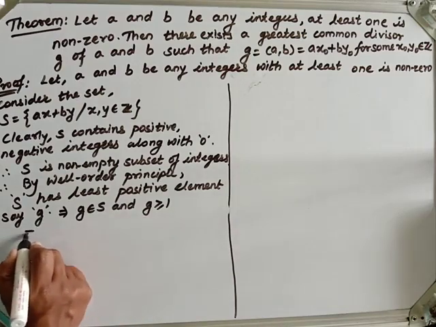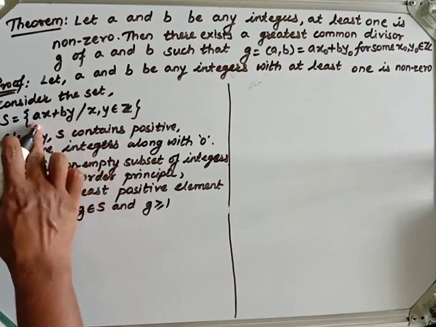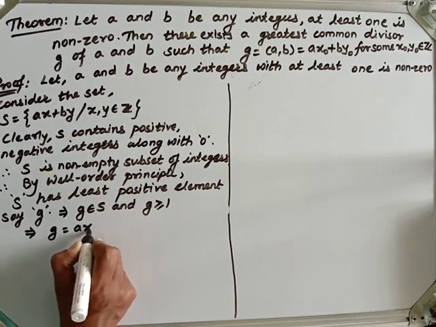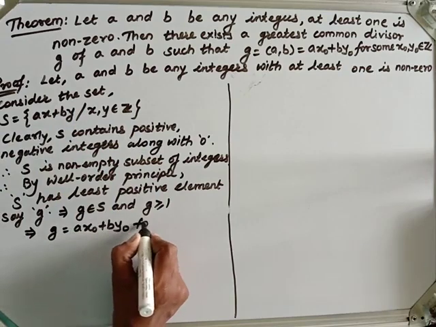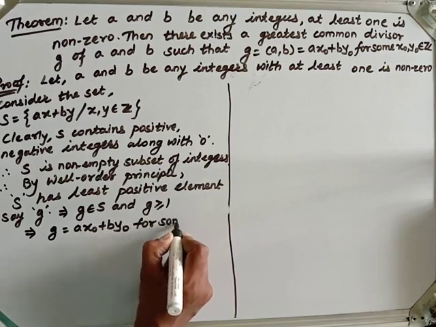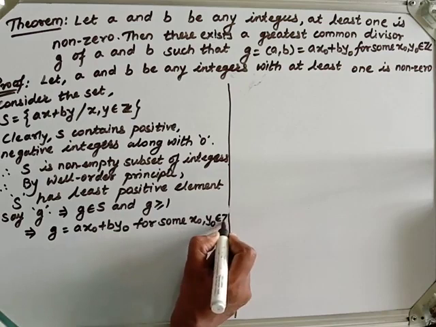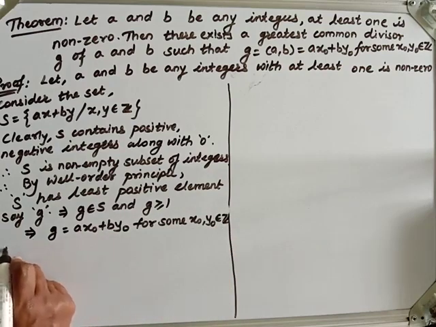Since G belongs to S, G is of this form. Therefore, G equals A x0 plus B y0 for some x0, y0 belonging to Z.